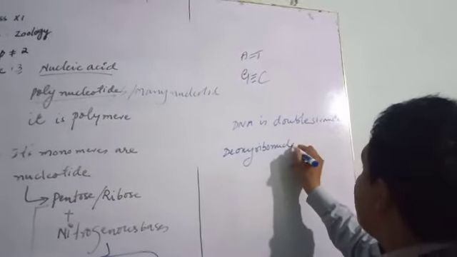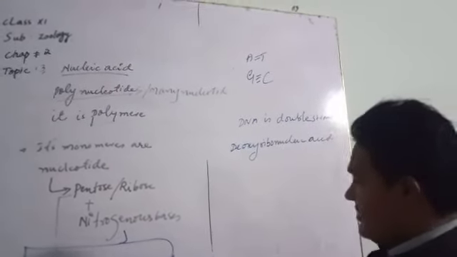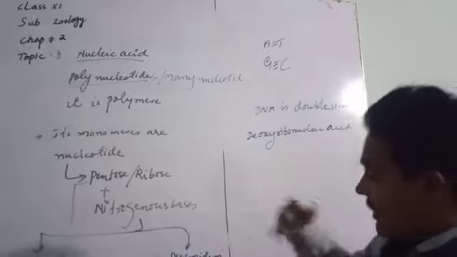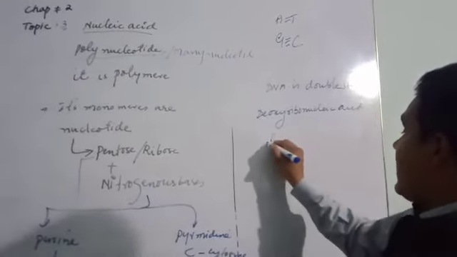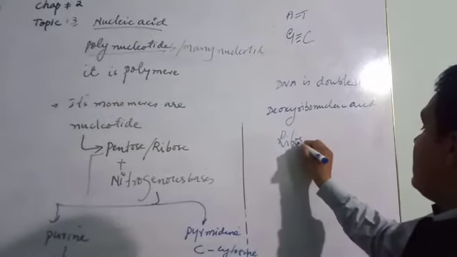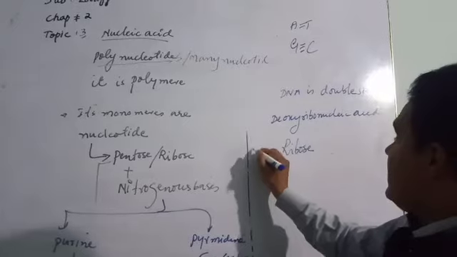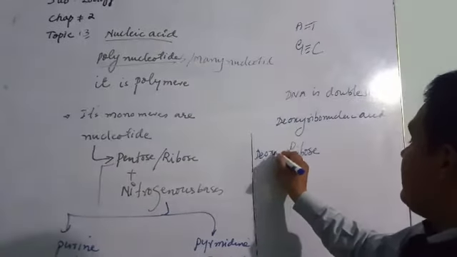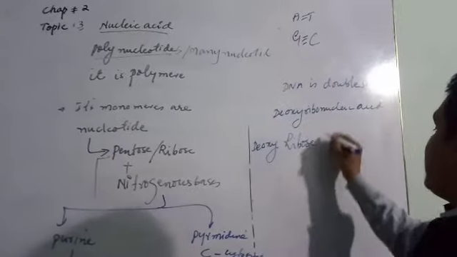Deoxyribonucleic acid has a pentose sugar, but it is deoxyribose sugar.